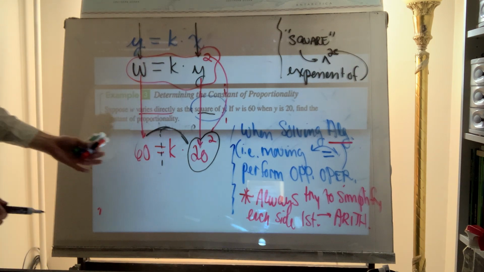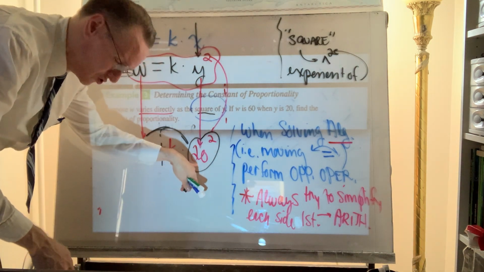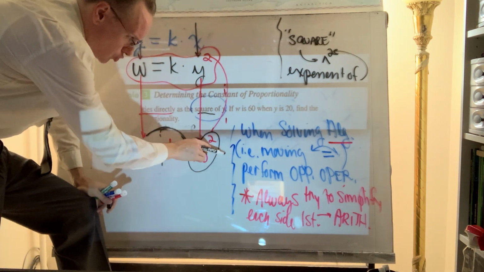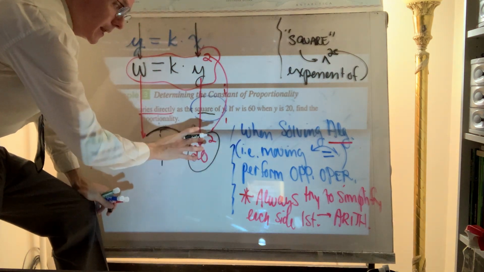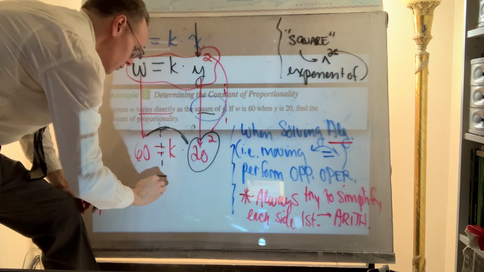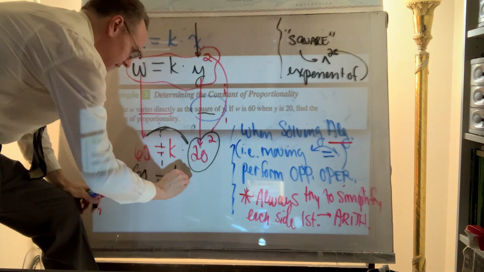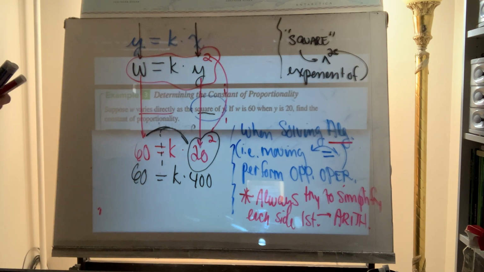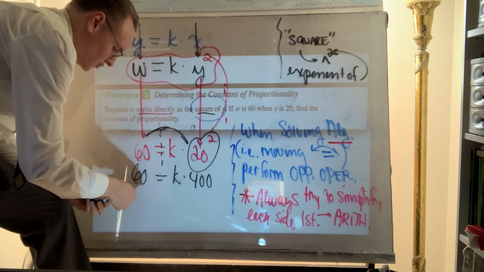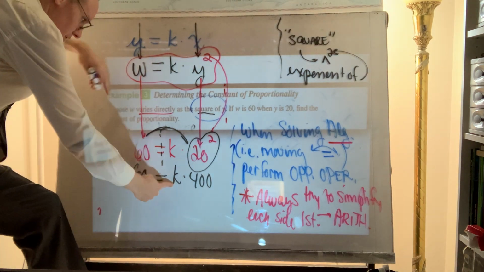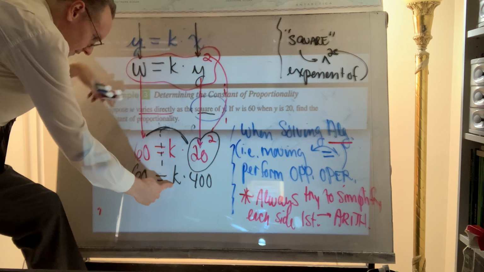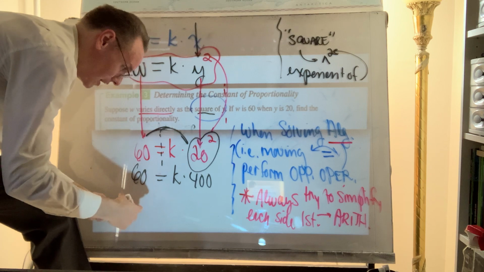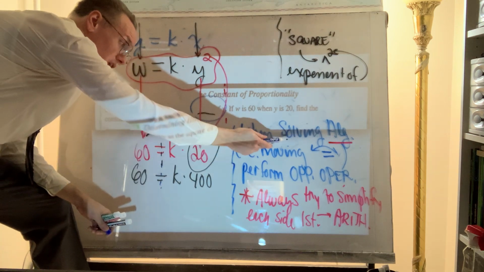If it's 20 squared, remember when you square something, it's an instruction to do a sort of glorified multiplication. Write that base number in two clones, two iterations, and actually multiply them. So what you would get is 60k times 400. Now, if the whole process is to isolate the variable, namely the proportionality constant k, then since I can't combine these any further, now I'm going to engage in actual algebra.